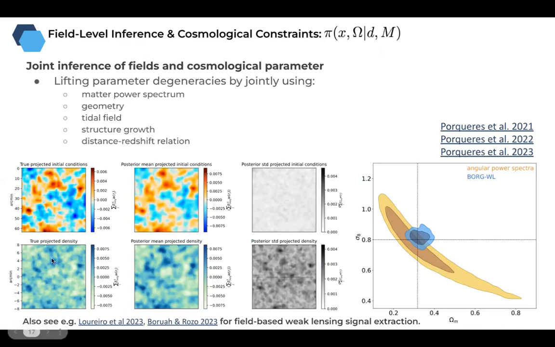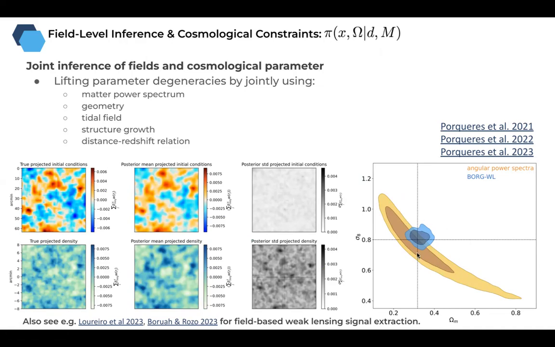In the lower panels, you see the corresponding final density fields. The approach uses simultaneous reconstructions of the matter density and initial conditions, and also constrains cosmological parameters. In particular, in this test, Natalia performed analyses of sigma 8 and omega m constraints.